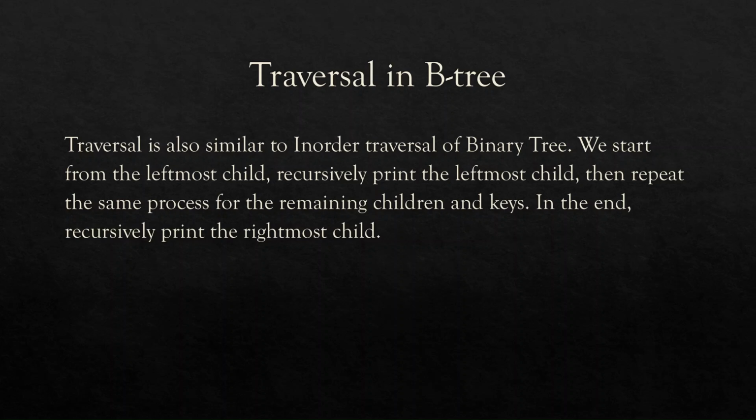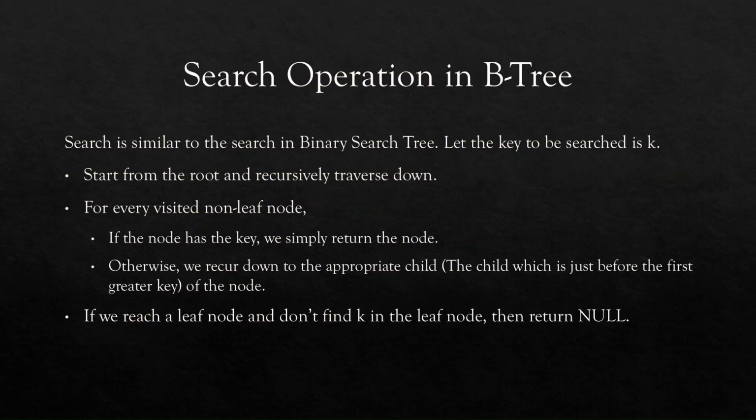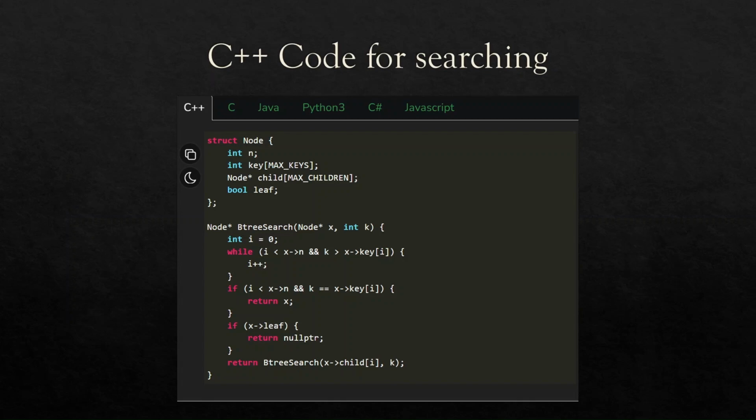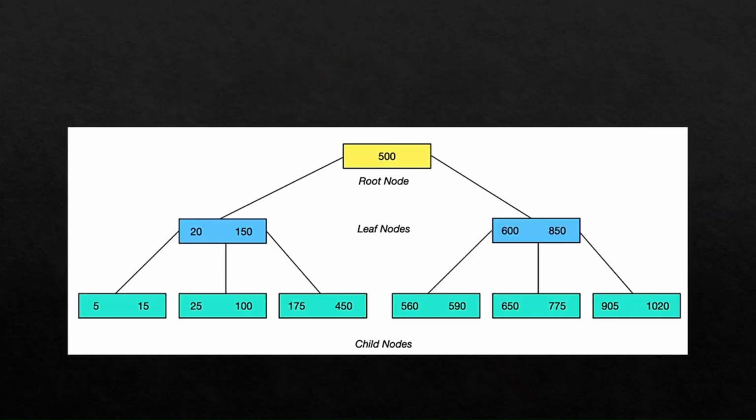Okay, now I will be presenting the search operation in B-tree. Basically, when we search an element in B-tree, we will be starting from the root node. If we want to search element 850, 850 is greater than 500, so it will check whether the number we are searching is greater than or less than the root node.